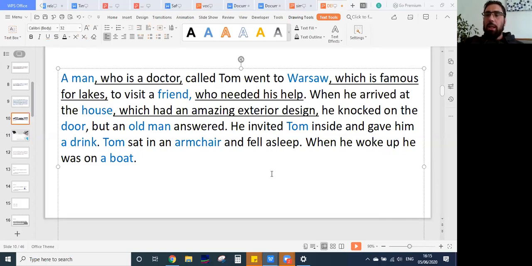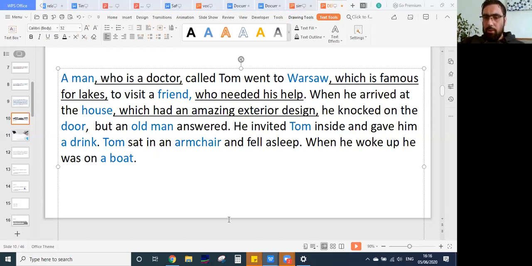Okay, what could we say about the door? Oh, which had a security lock. Anything else?